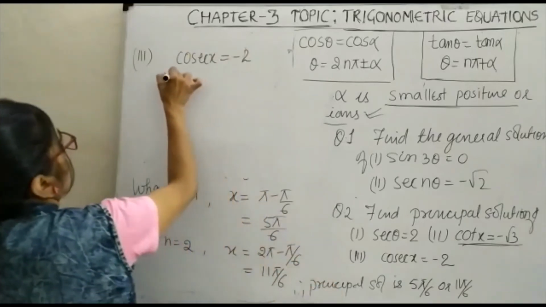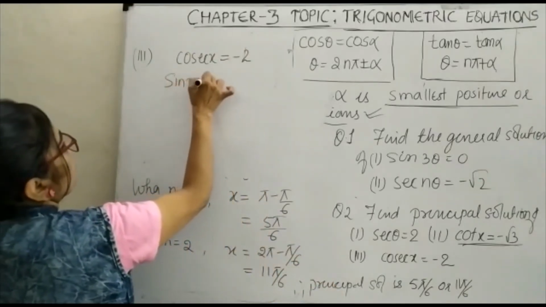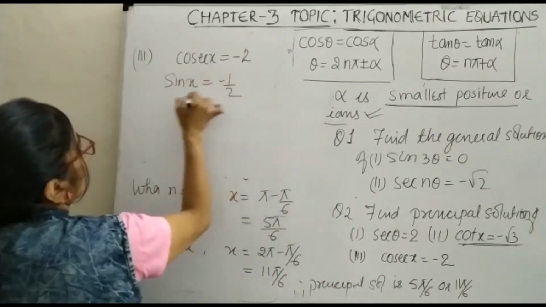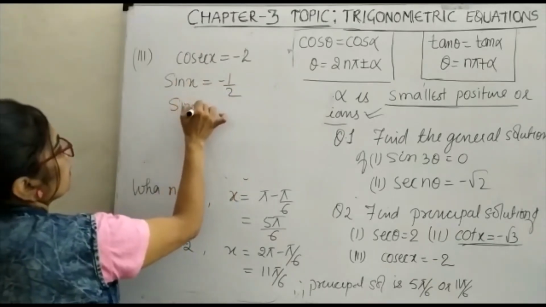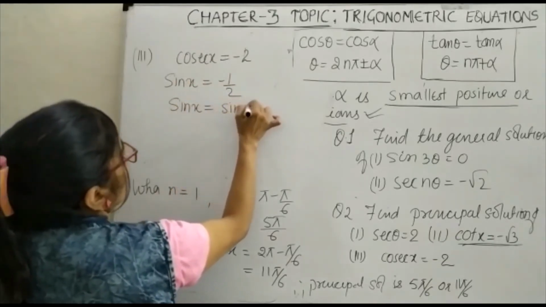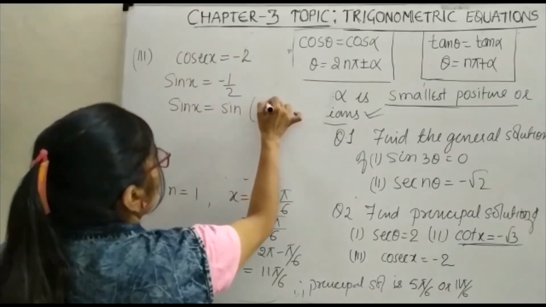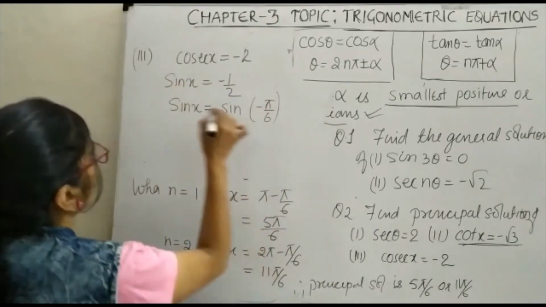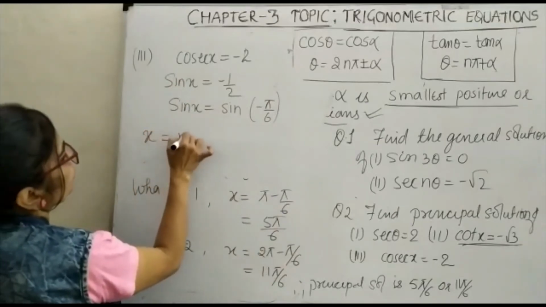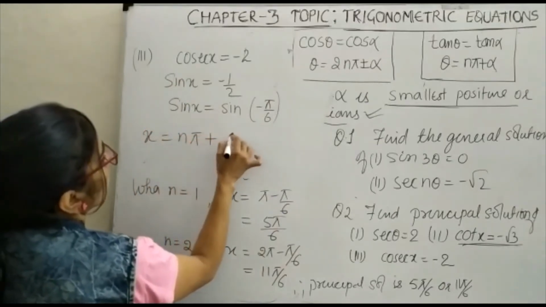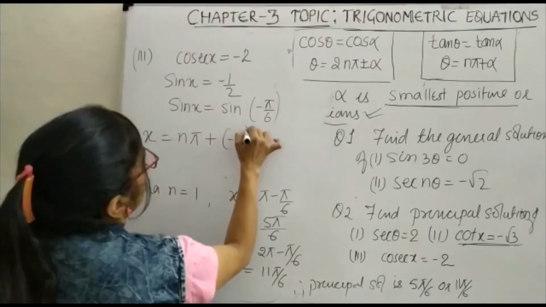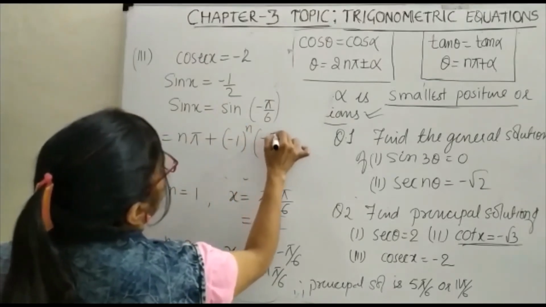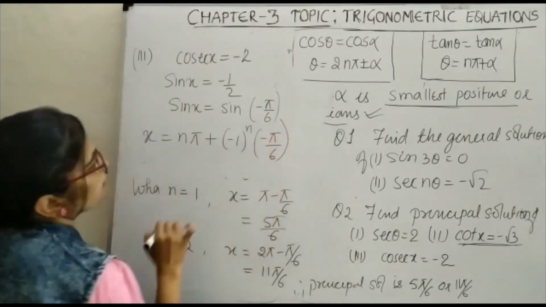From here we can get sin x is equal to minus half, and here sin x is equal to sin minus π upon 6. Okay, because sin 30 is half, we are here with x is equal to nπ plus minus 1 raised to n, that is minus π upon 6.